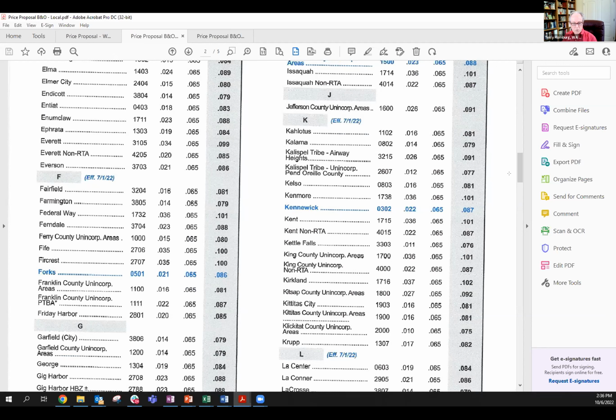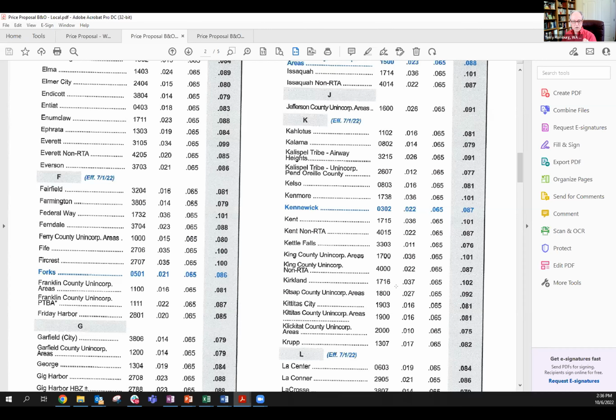Kitsap County, unincorporated. And so there's 3 columns up there. In the state of Washington, those 3 column headings are the local rate, the state rate, and the location code. So not real important there. So the rate there for the local rate is the center column.